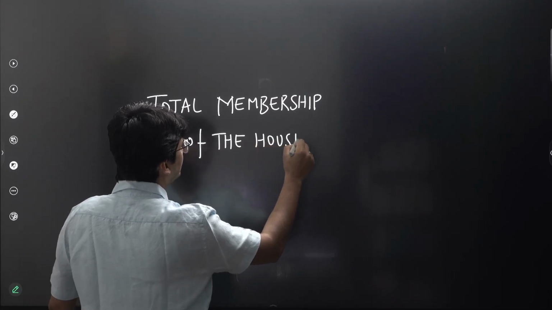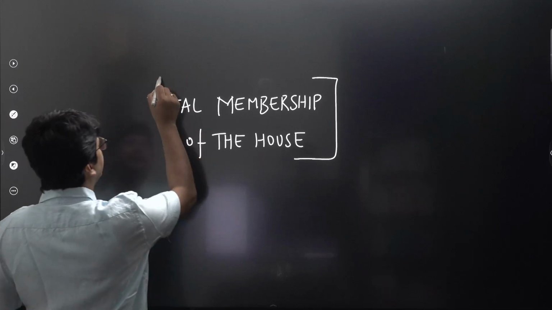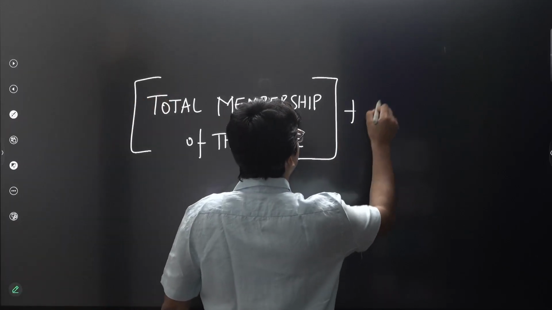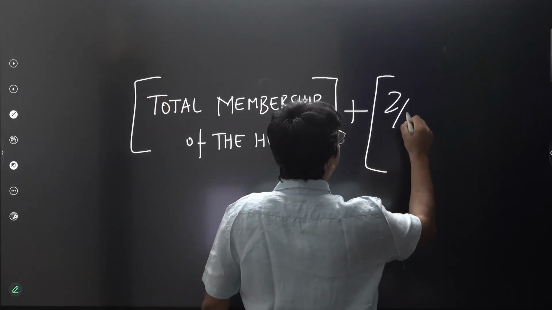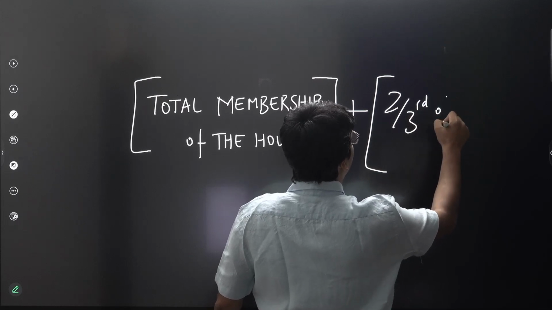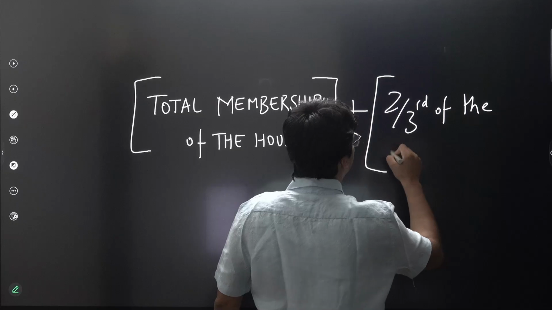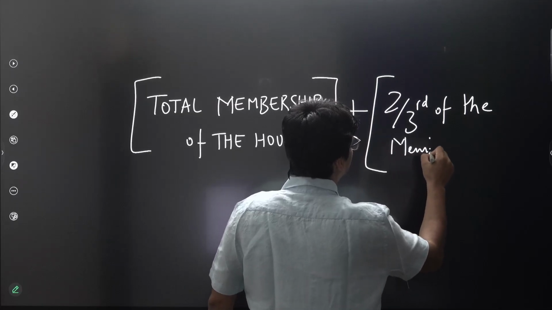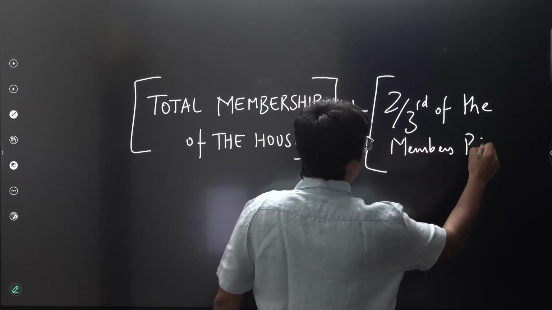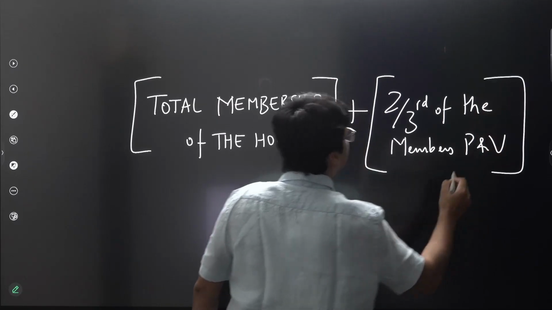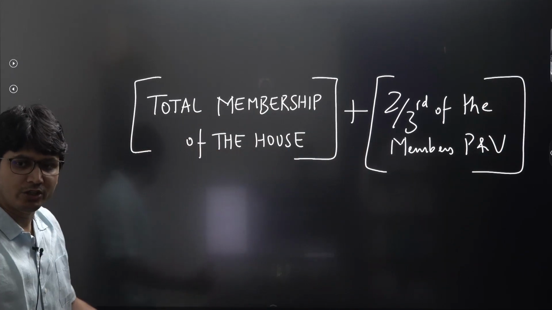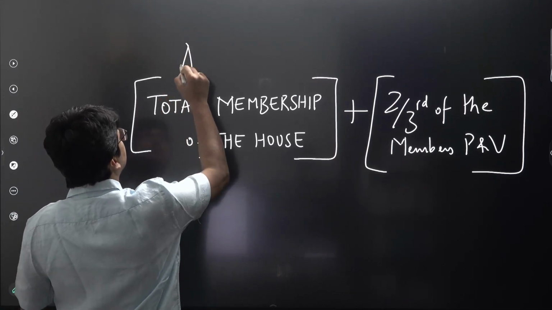And, as in, plus 2/3 of the members present and voting. So this is your type 2 special majority mentioned under Article 368.